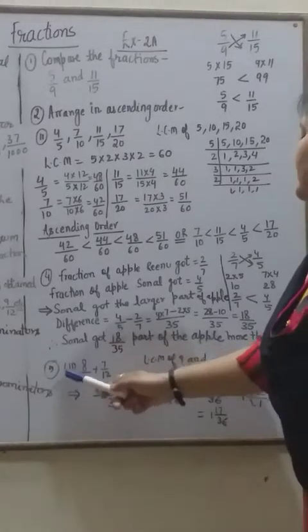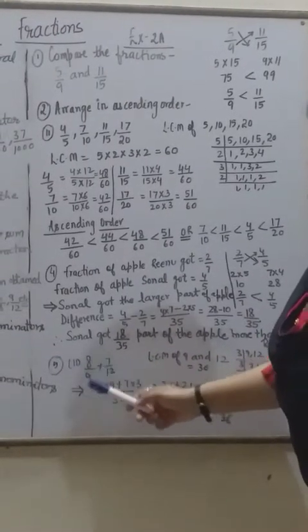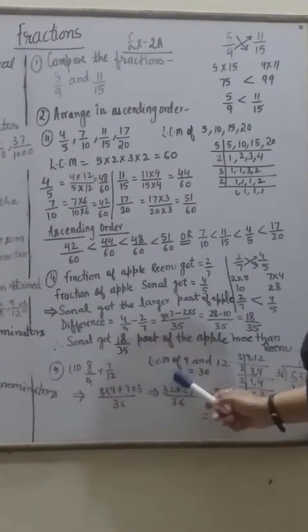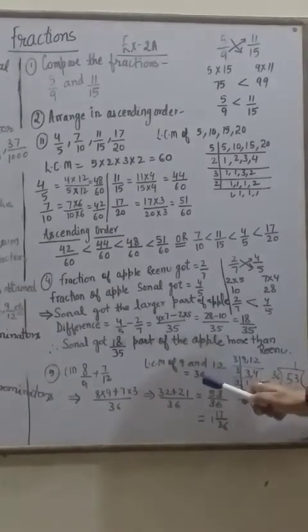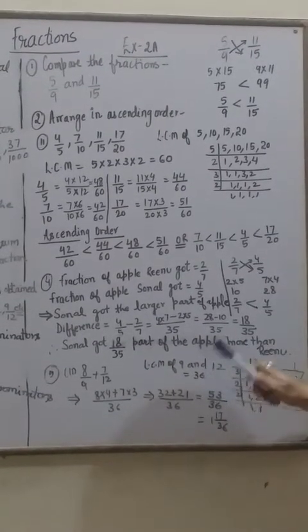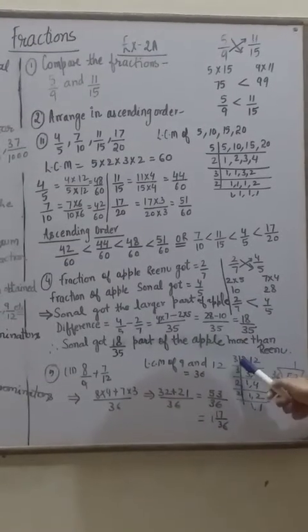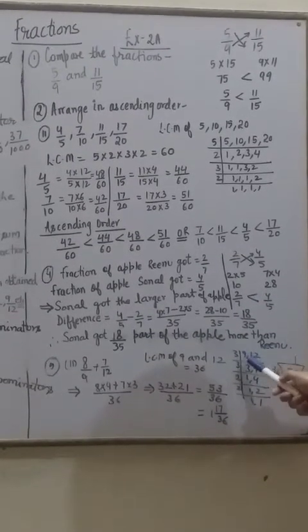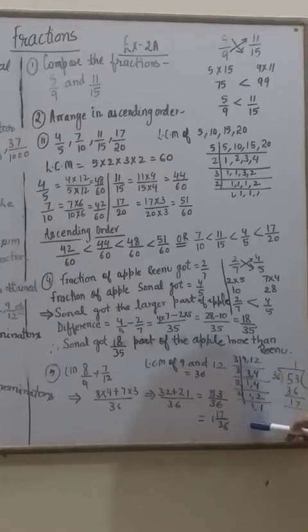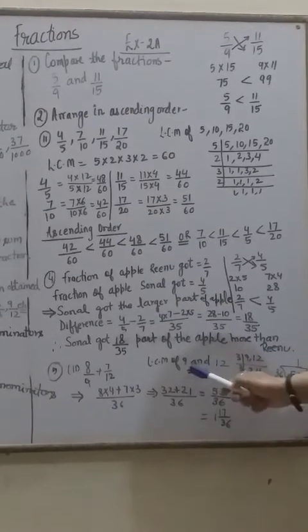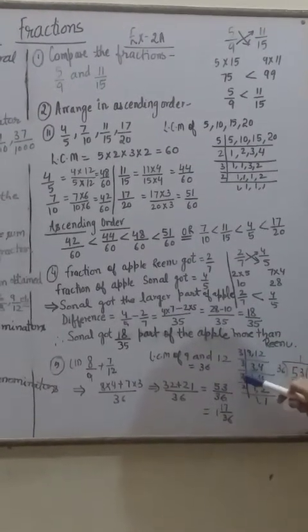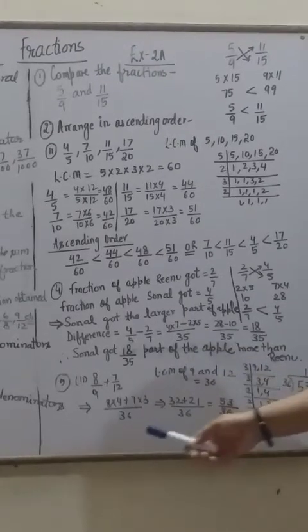Now in question number 5 we are going to solve 8/9 plus 7/12. Whatever rough work you are required to do, always do it in front of the question only. We are supposed to find the LCM of 9 and 12. LCM of 9 and 12 is 3 3s are 9, 9 4s are 36.